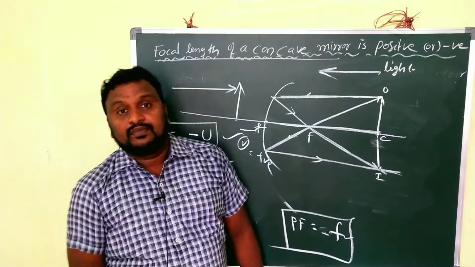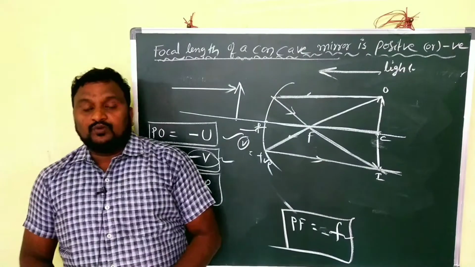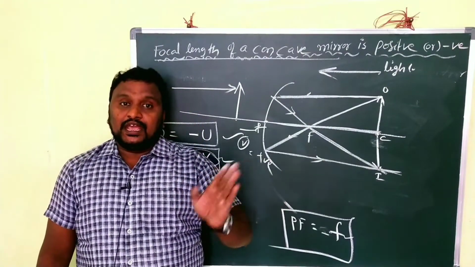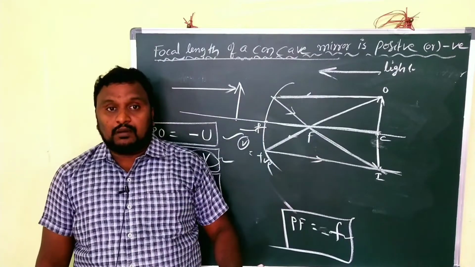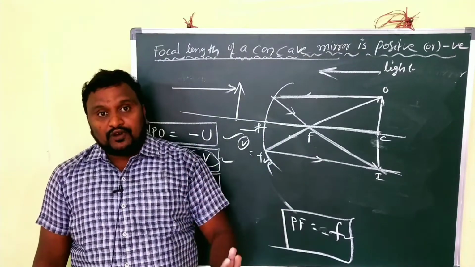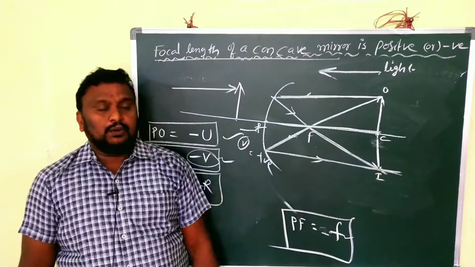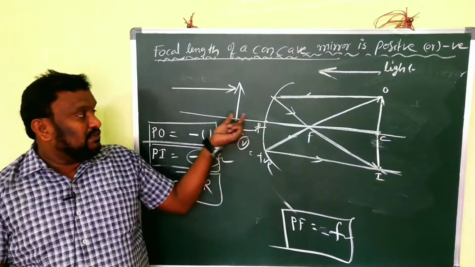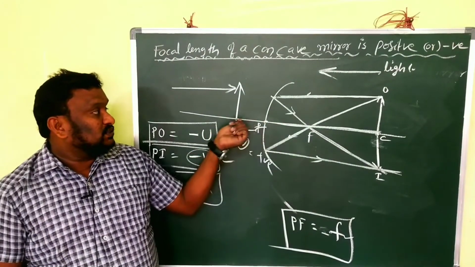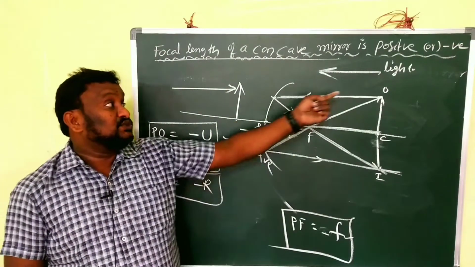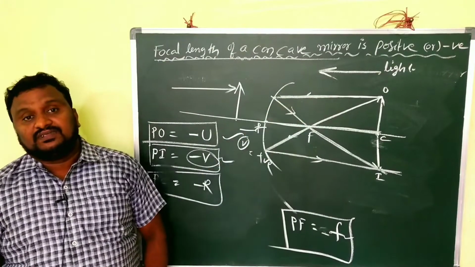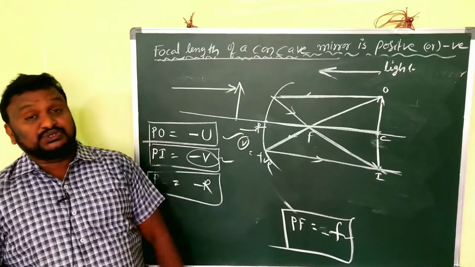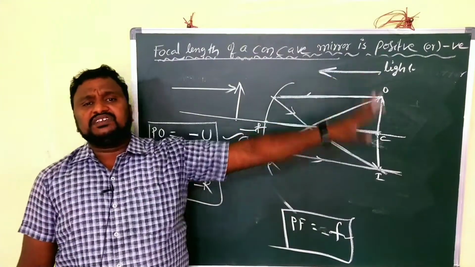Clear? Got my point? When the object is between P and F, only then can a virtual image be formed. When a virtual image is formed, all the remaining quantities are negative except v. When we draw the image behind the mirror, the image is in the direction of the incident light. In the direction of incident light, then only v is positive. In all the remaining cases v is negative.